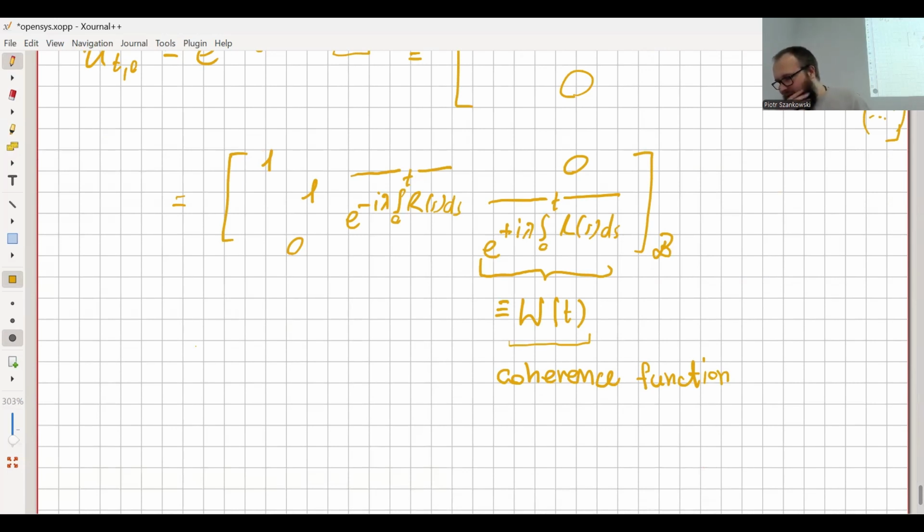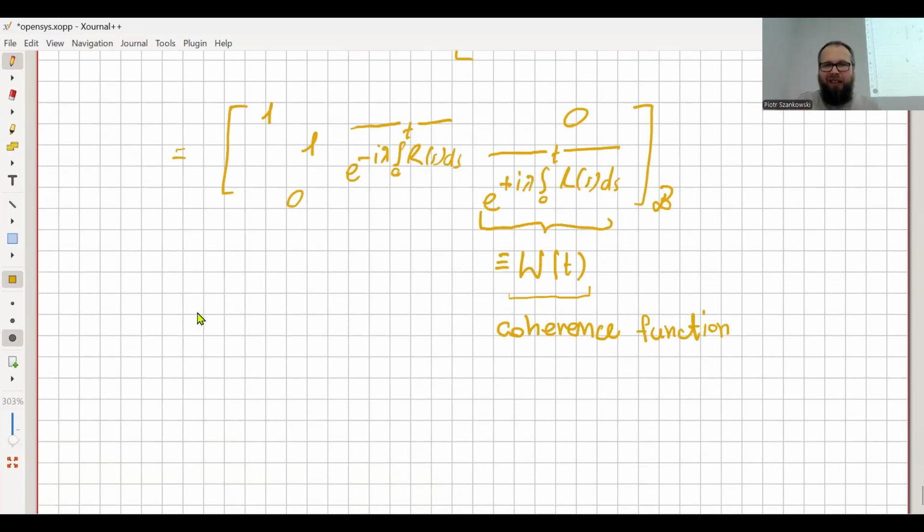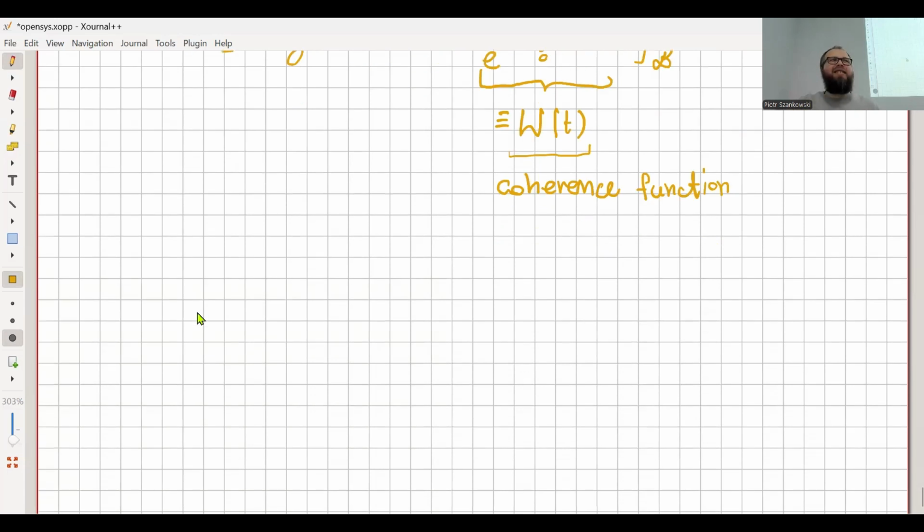So we have our matrices. So now we can evolve our initial density matrix to time t. We have our matrices, we can just multiply them, vectors and matrices, and obtain the result.